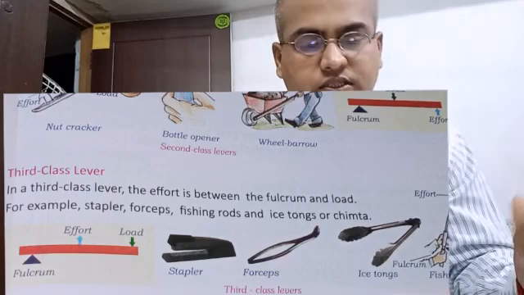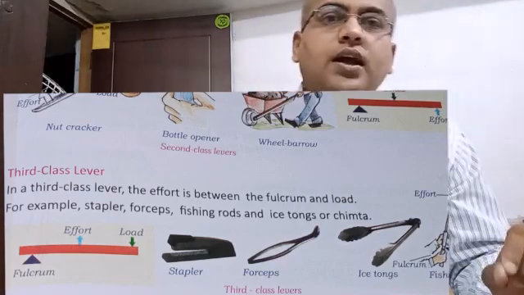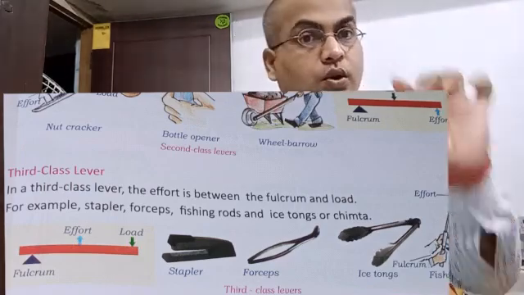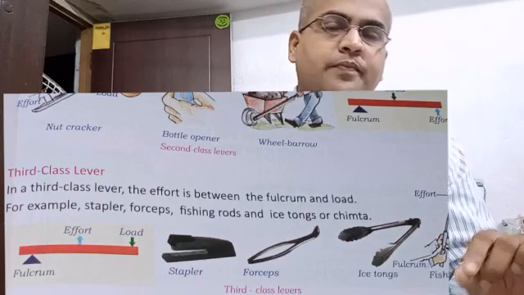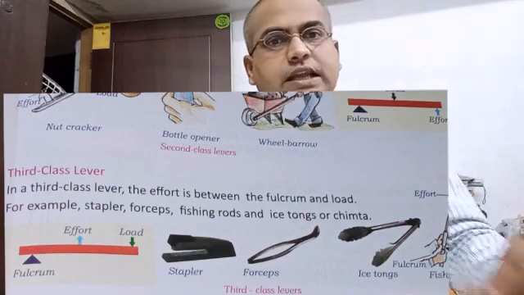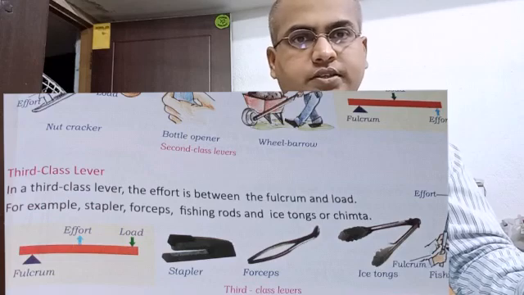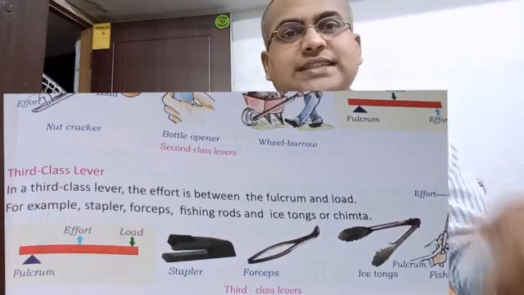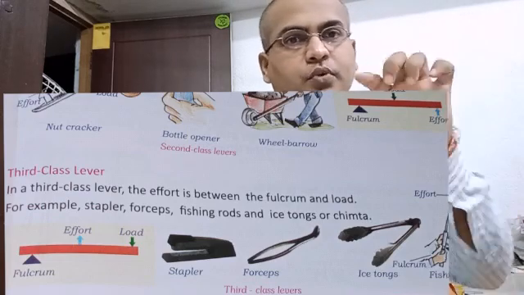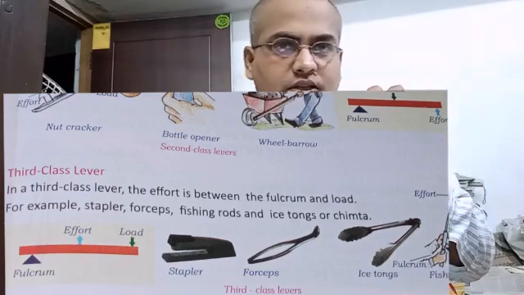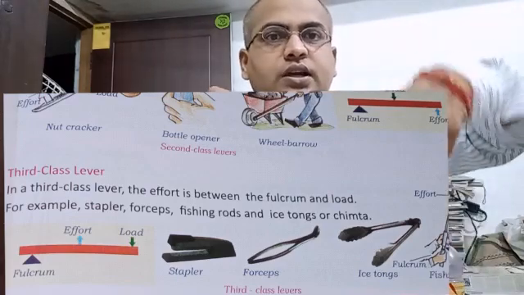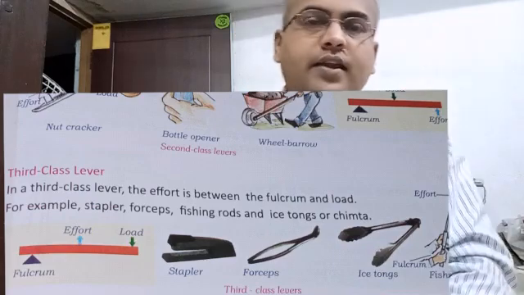In the second class of lever, the load is in the middle position, and the fulcrum is on one side and the force on the other side. The best example is a nutcracker. We put the nut in the middle, one side fulcrum, and we use the effort. So that is a nutcracker.